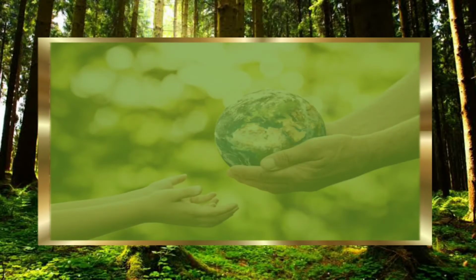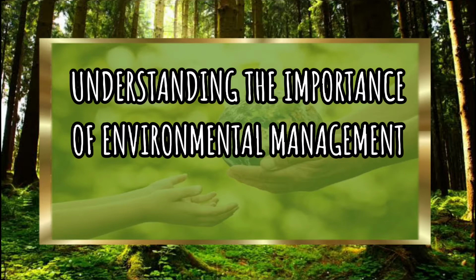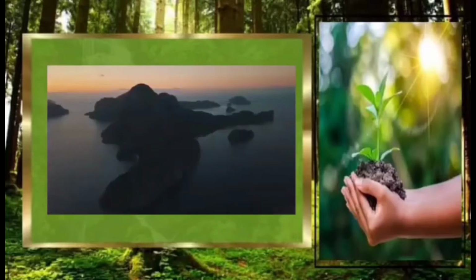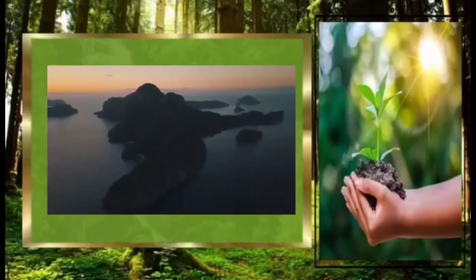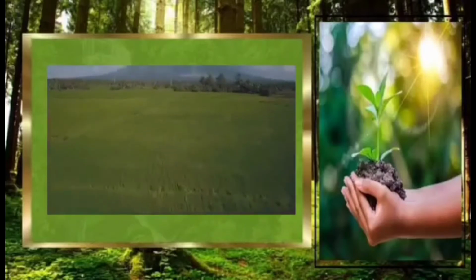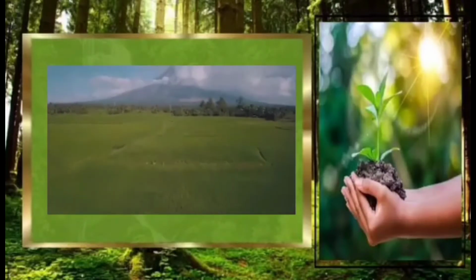Now let's talk about understanding the importance of an environmental management system in order to meet the goal and improve the impact it has on environment and human health. Over the years, establishing an environmental management system has become one of the basic steps in improving environmental performance.